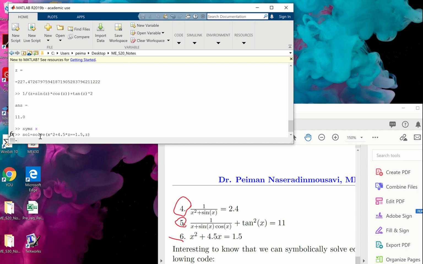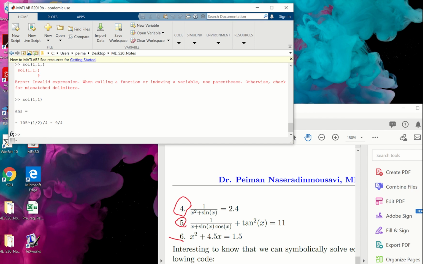This is 1.5. And oh, these are x, guys. I changed the variable to x. Okay. Here we go. It gives you 2 solutions. One of them is this, another one is this. So it means that this equation does not have a unique solution. This is a serious issue in mathematics, that uniqueness of the solution is very important, specifically for stability in control. Okay, so look at this solution 1 and 1.